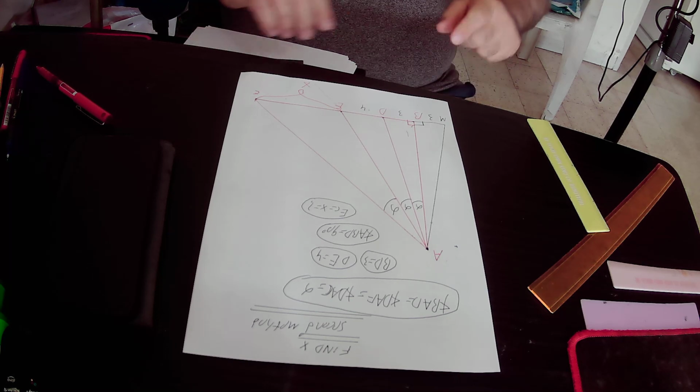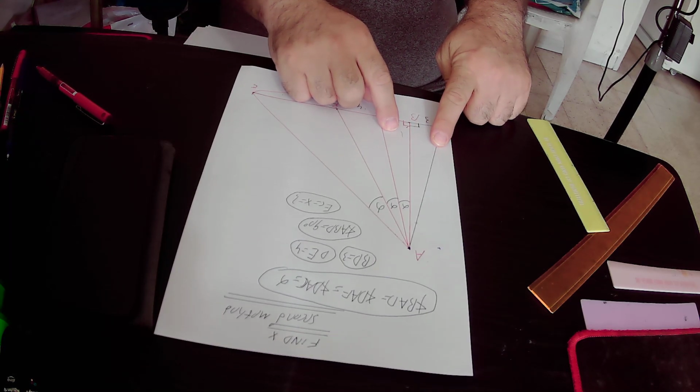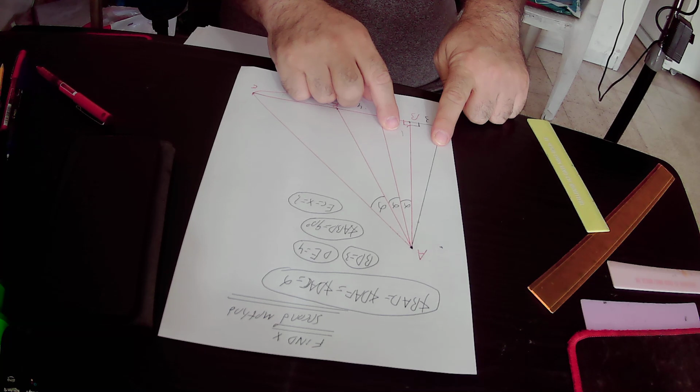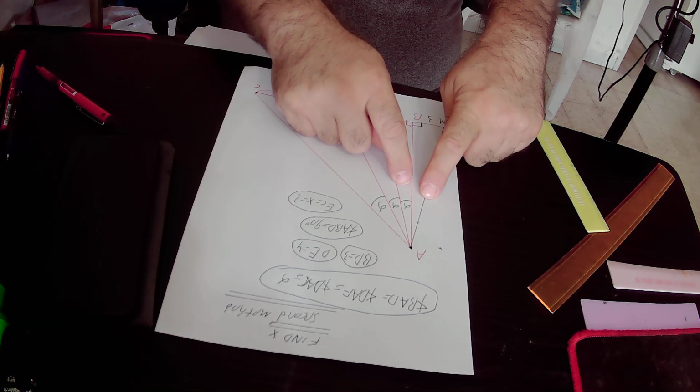Okay, so from the fact that those two triangles are congruent, we can conclude that those two angles are also equal to each other.